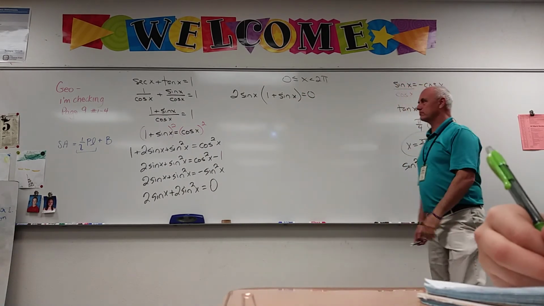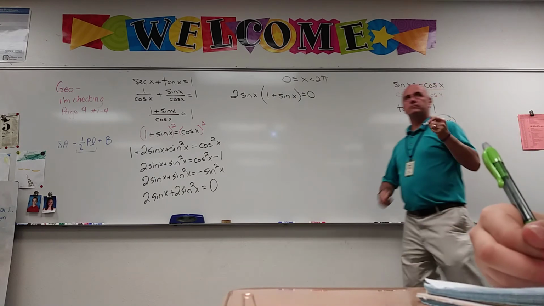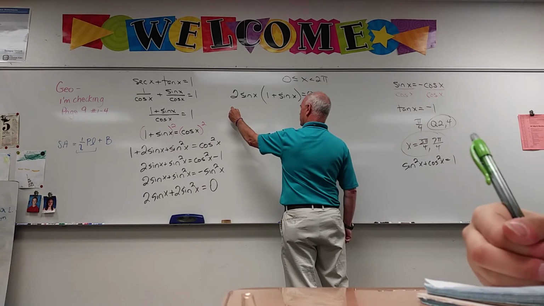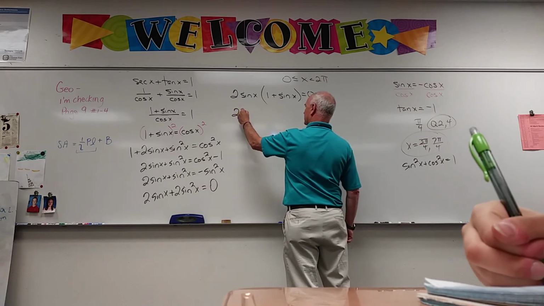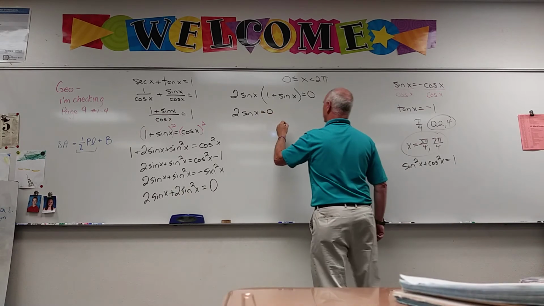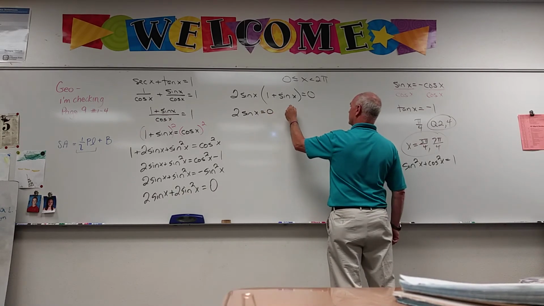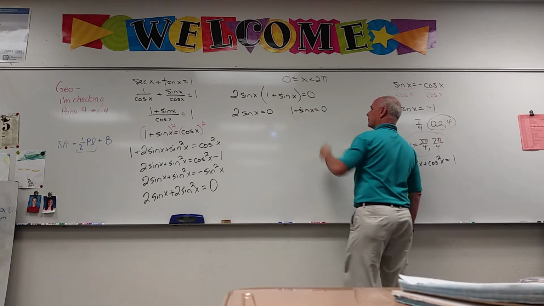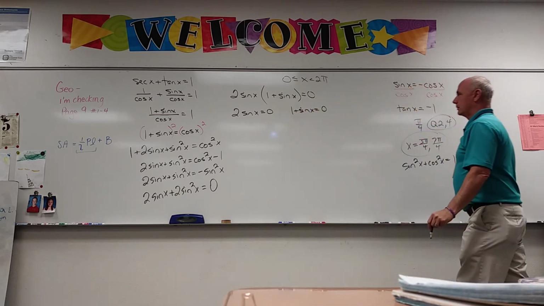All right? Okay, now what? 2 sine of x equals 0, and 1 plus sine of x equals 0. So x equals 0.